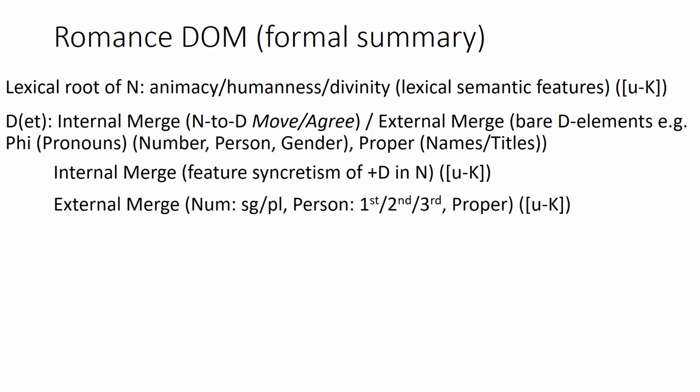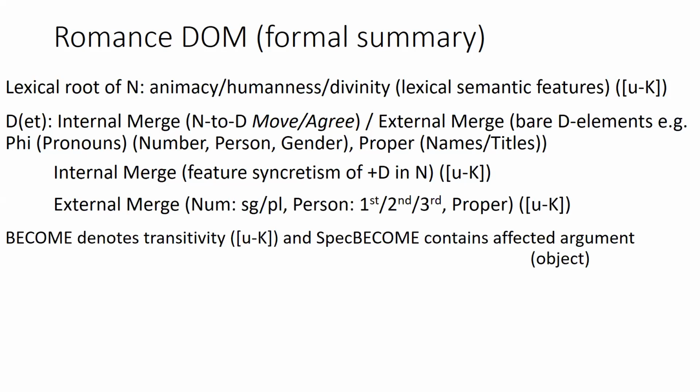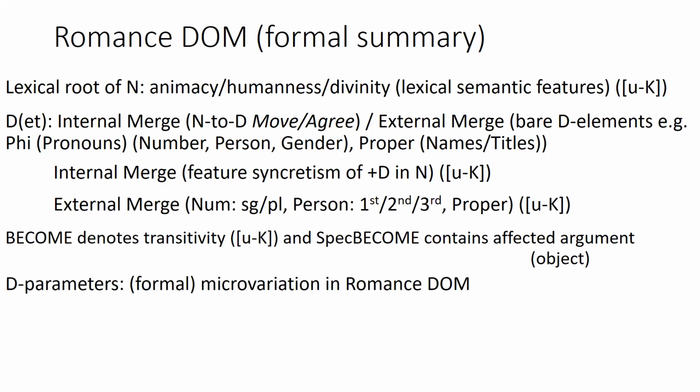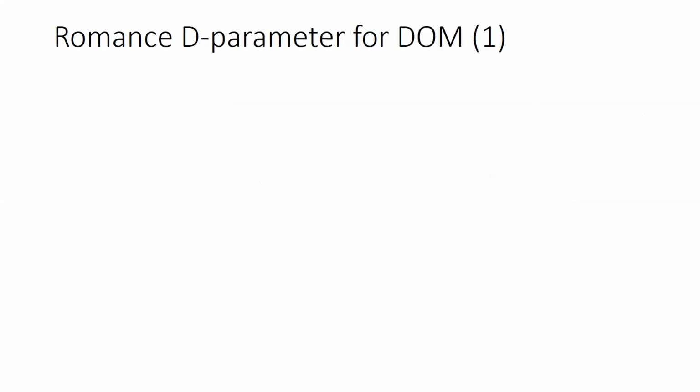External merge elements are a different type of D layer which may also trigger DOM. And also in the verbal Become, which denotes some transitivity, kinesis, may also have this uK feature which selects an affected argument in its specifier. All right, so this is a formal summary of the triggers behind DOM. And here, we can see how these triggers, formally defined, may be parameterized, as we'll see later on.